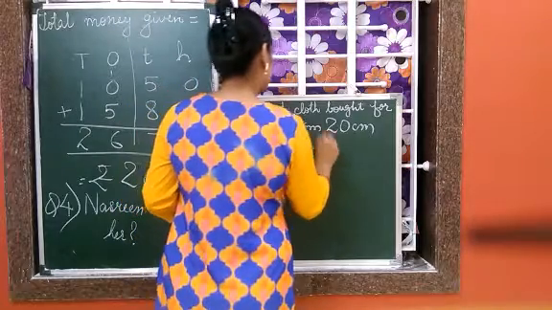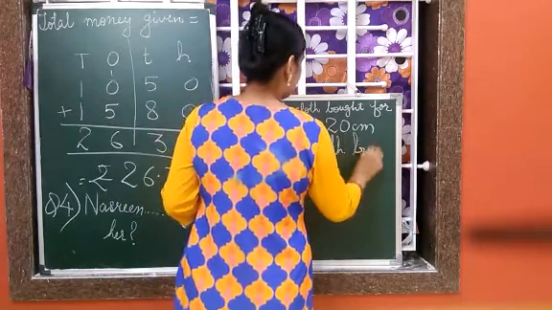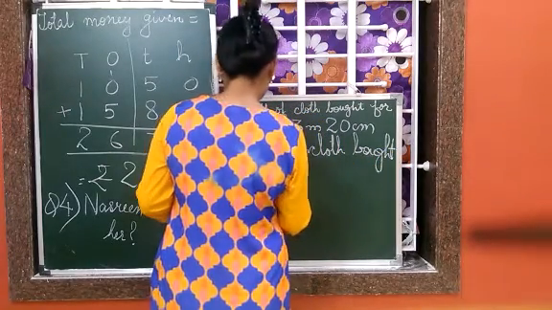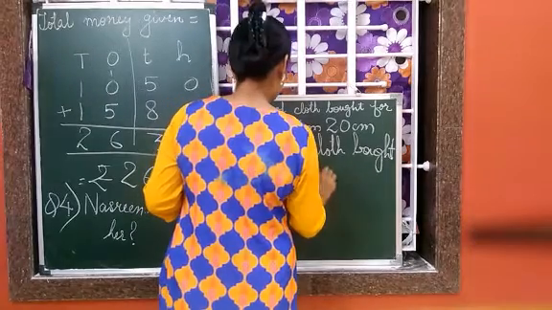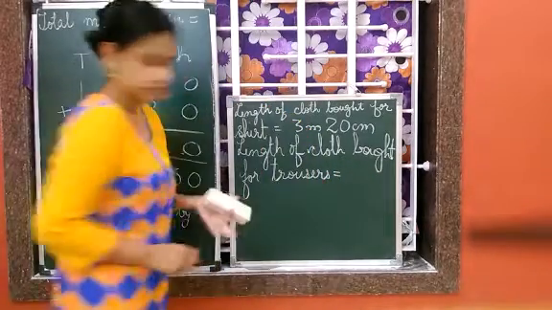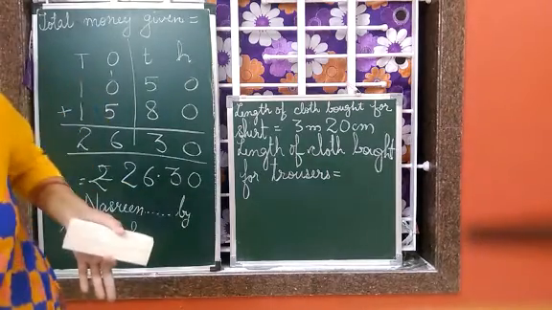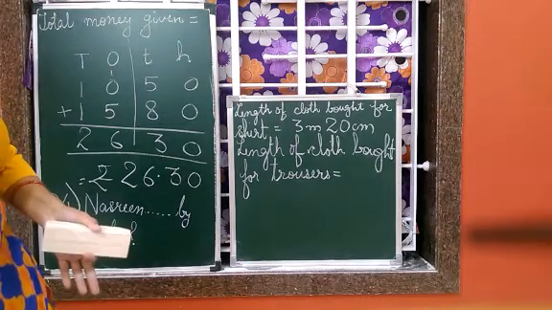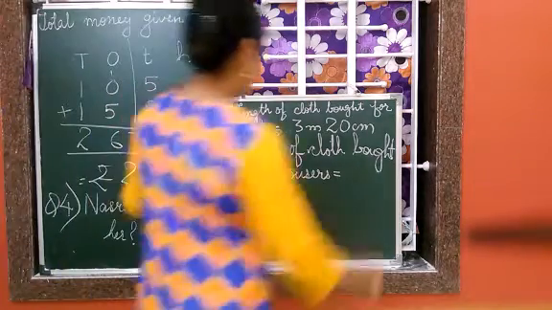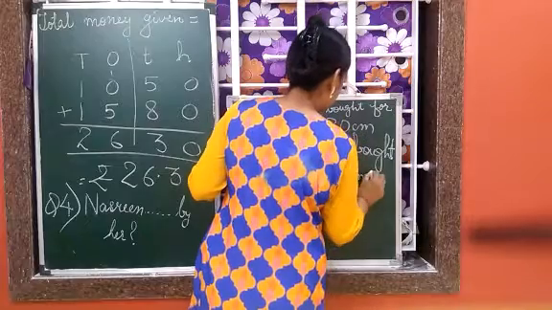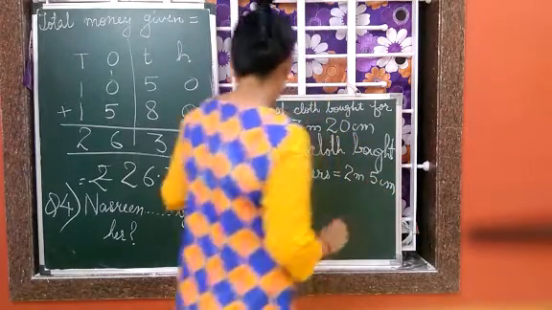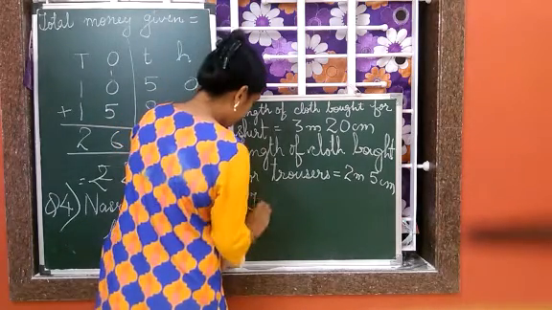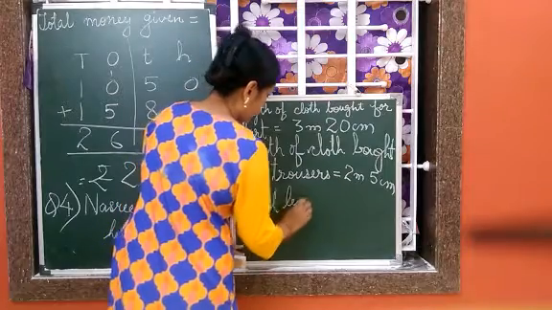Length of cloth bought for trousers. How much? 3 and 20 I have written correct. Then this is 2 meters 5 centimeters. So now we write the third statement, that is total length of cloth bought.